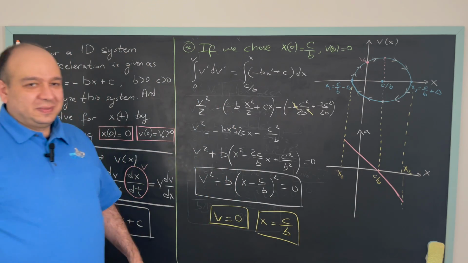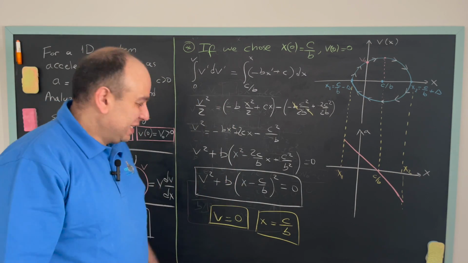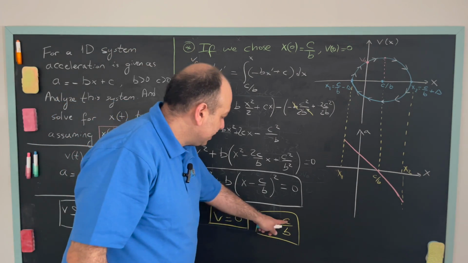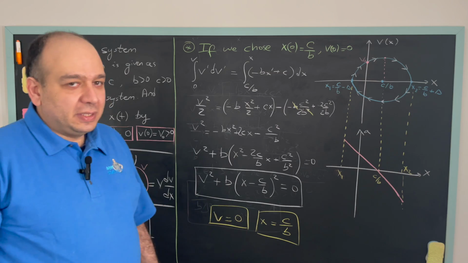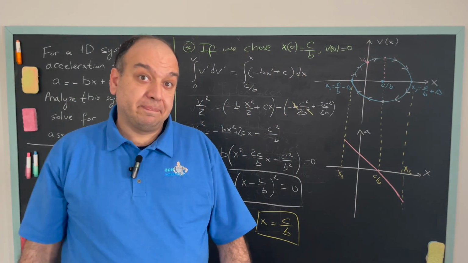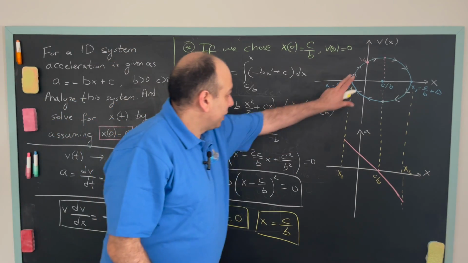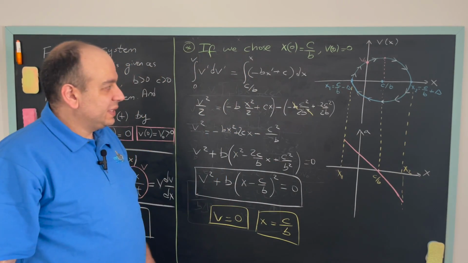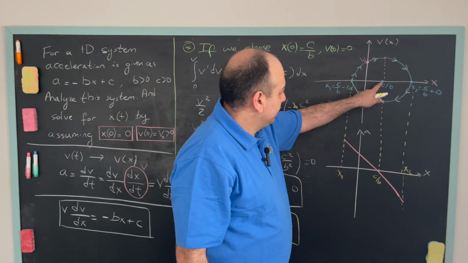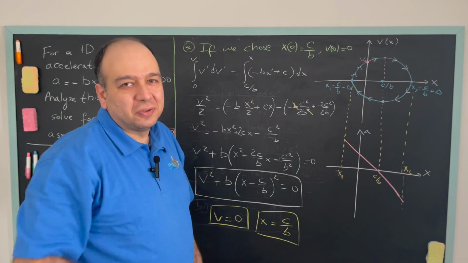So as I expected, my system will always be at rest at point c over b. And later on we will learn that this point is nothing but the equilibrium point. On the phase diagram, this will only represent a point, right? So if I want to draw a phase diagram, it will just be a point on the phase diagram.